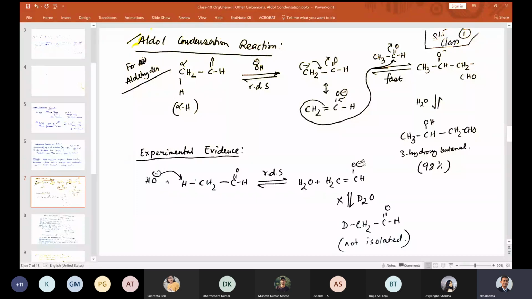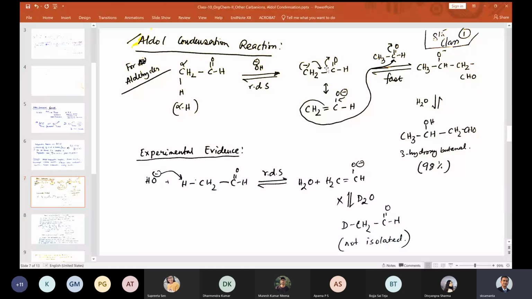There is a possibility that O negative will come, and this negative charge will pick up hydrogen from D2O. This reaction is reversible. That means the carbanion takes a proton from water and comes back to here. And when you have OH minus, it takes the proton and comes to here.